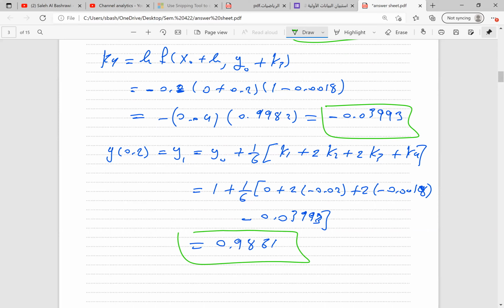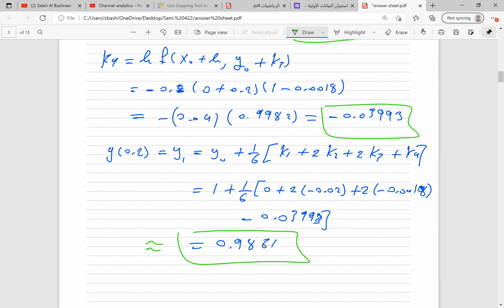So y of 0.2 is approximately equal to 0.9861. You can say this is an approximation.